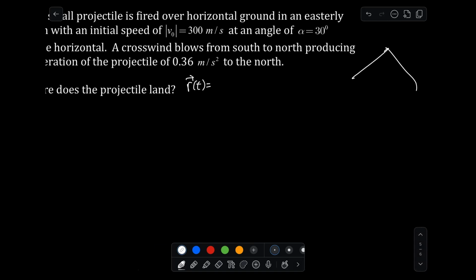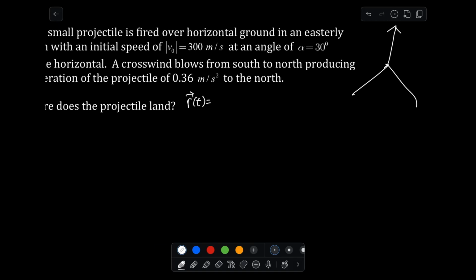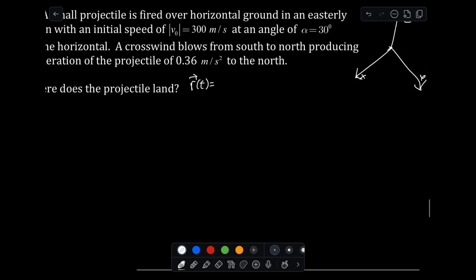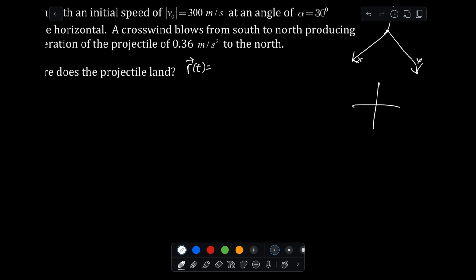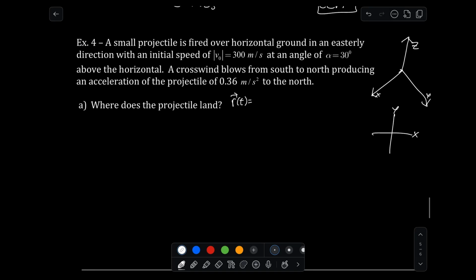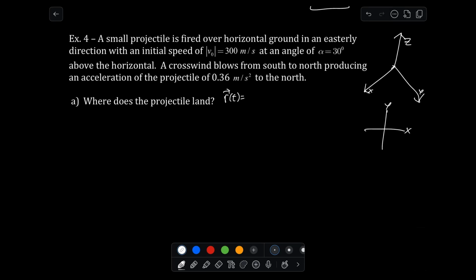So we know that it's going to be like this, and this is x, y, and z, and if we just look at it from an xy perspective, like this, we're just projecting this as like a 2D thing, right? We're saying that z is held constant. We're going to see that our acceleration north here is going to be this 0.36.